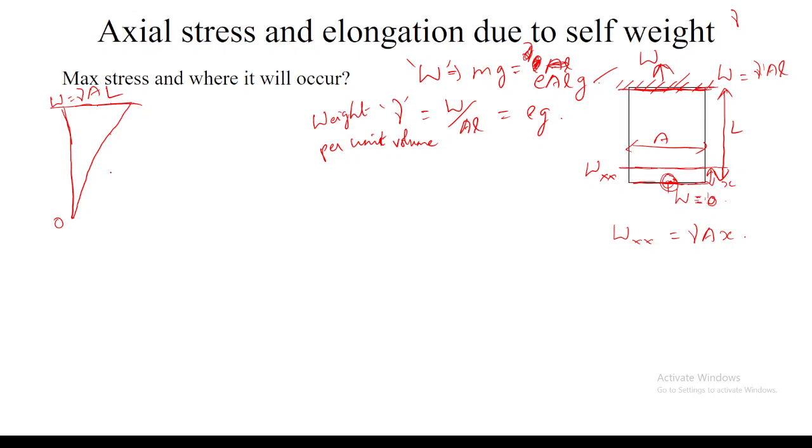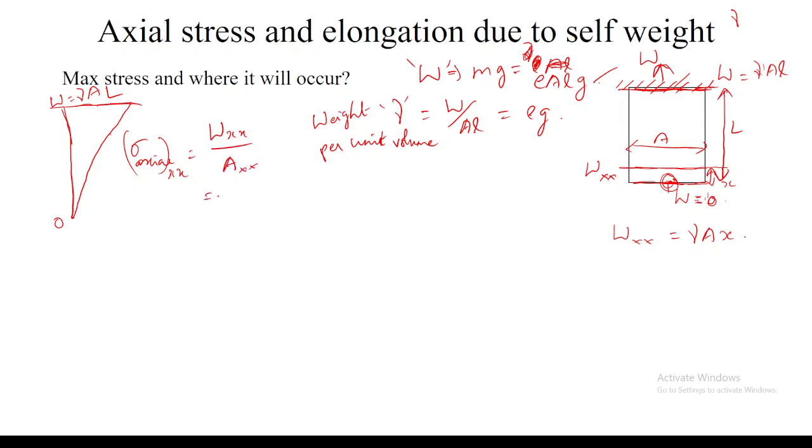Getting what I am saying? Then, if you want to find out the stress at each cross section, do you think the stress will be varying at each cross section or will it be constant? It will vary, since the load is varying. So sigma axial, which is the axial stress at any cross section, will be given by Wxx divided by Axx.